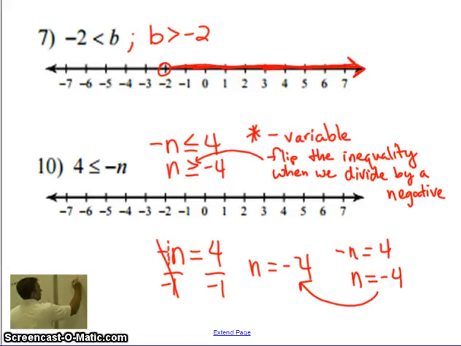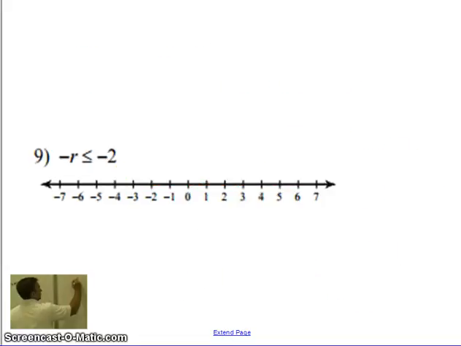So we go to -4. It's greater than or equal to, so it's going to be a solid dot, and we're going to shade to the right. We're going to go over this a little bit more further on.